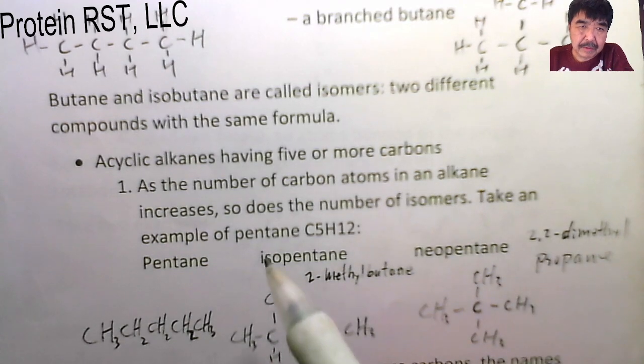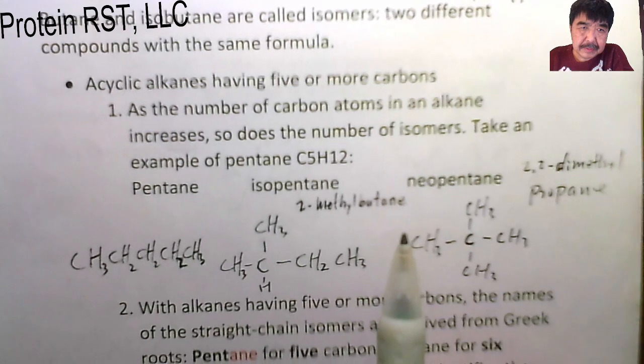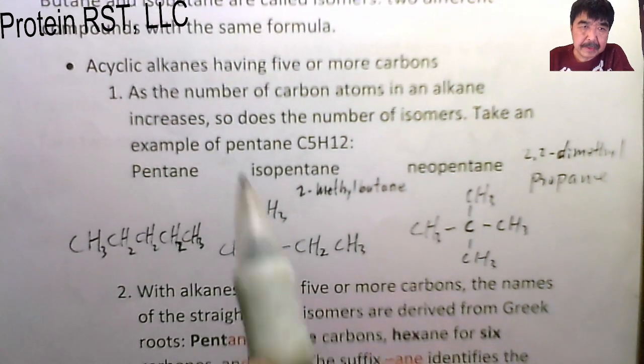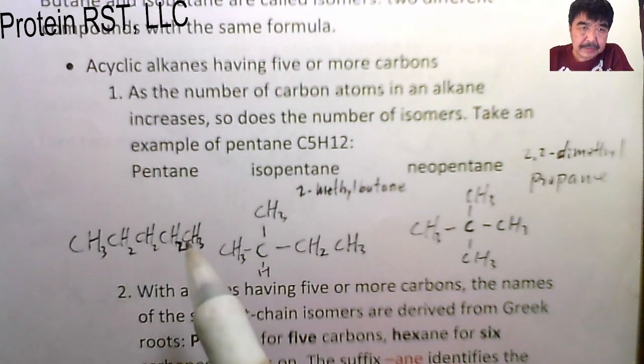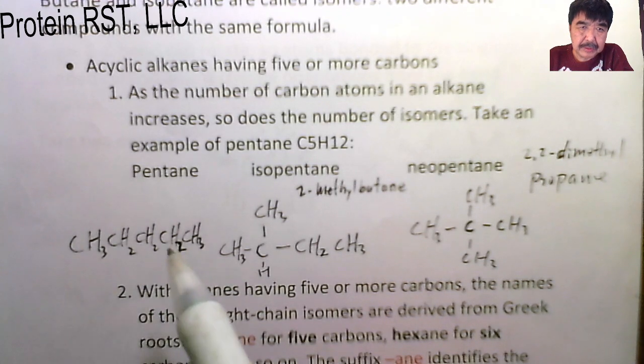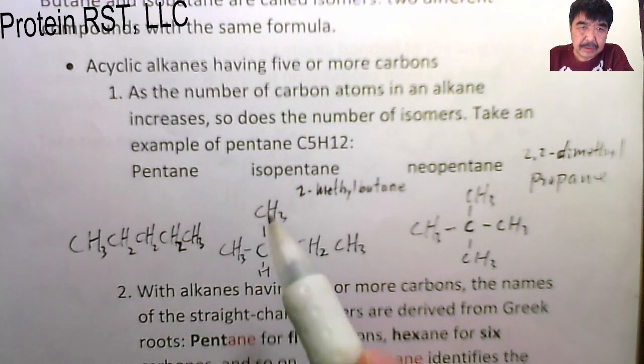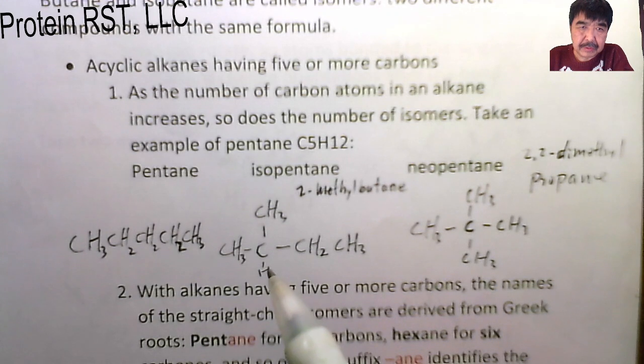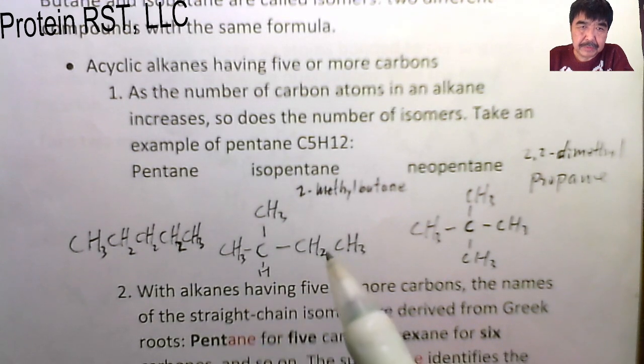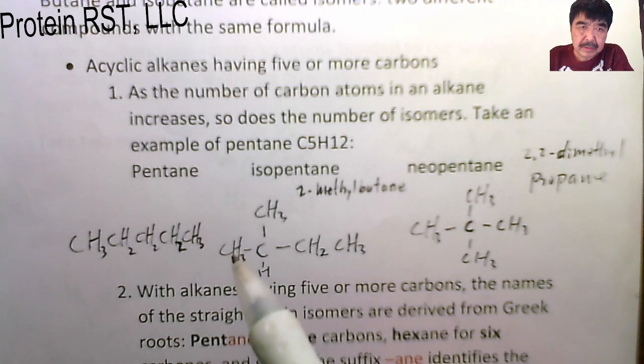Take an example of pentane. It's a 5 carbon chain. This one has 1 branch at the 2 position: 1, 2, 3, 4, it's a four carbon parent chain.